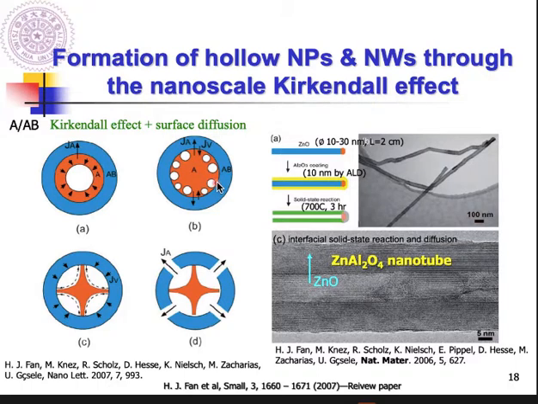And if you allow this diffusion to happen for a long period of time, in order to minimize the total surface energy of the system, these small voids will merge to form a large void, like this way or this way.